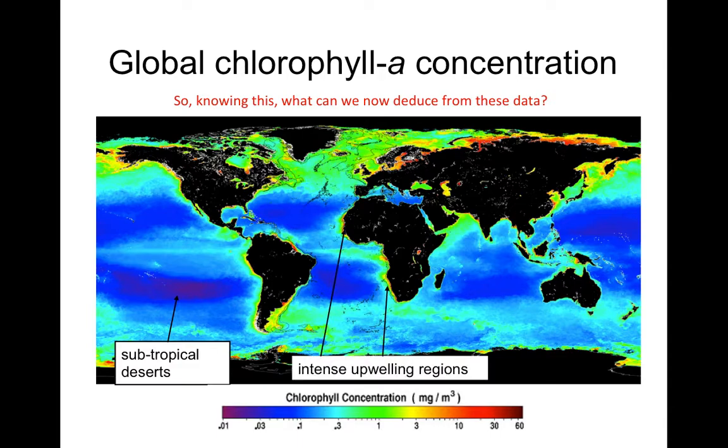Whereas in these intense upwelling regions, there's going to be much more material in the water, many more particles, and therefore the signals are coming from really near the surface, maybe 1 meter or less. The same goes for these highly productive shelf areas where you have a lot of suspended particulates in the water.